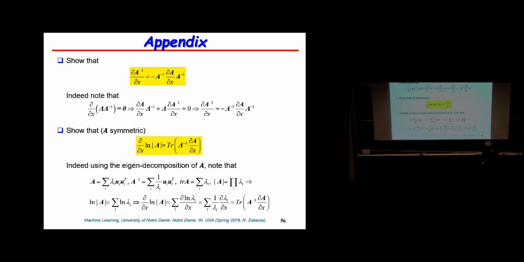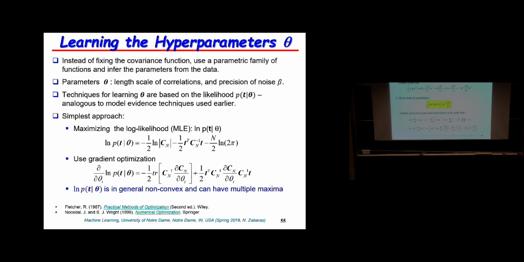The derivation is straightforward for all of this. It follows from some spectral analysis, writing things in terms of the eigenvalues and eigenvectors of the matrix A, but these are the only computations you need, and so you can use your favorite optimization method to compute the hyperparameters that you see here.